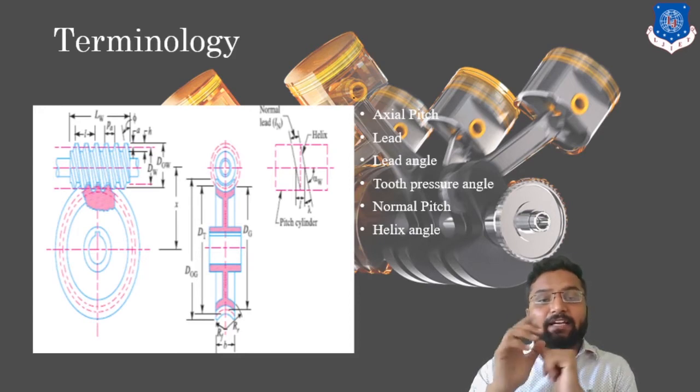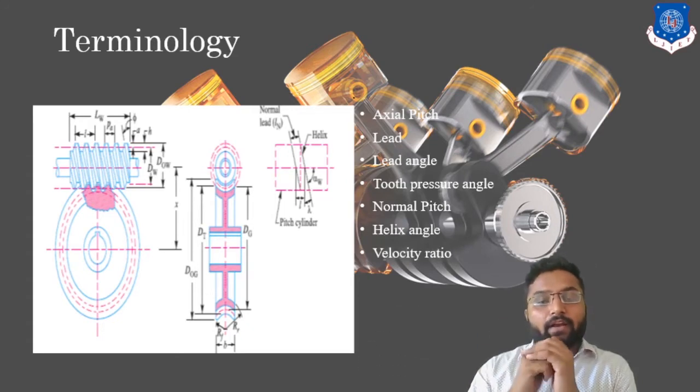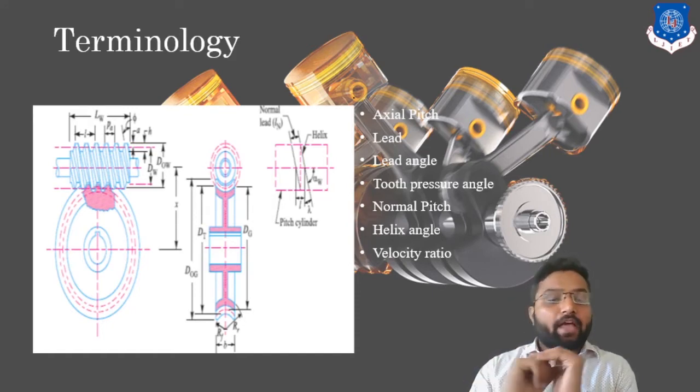Then helix angle. It is the angle made by our worm with its own axis. That is helix angle. And the last one is velocity ratio. Velocity ratio is going to be an essential part in determining the efficiency of our worm. Why?